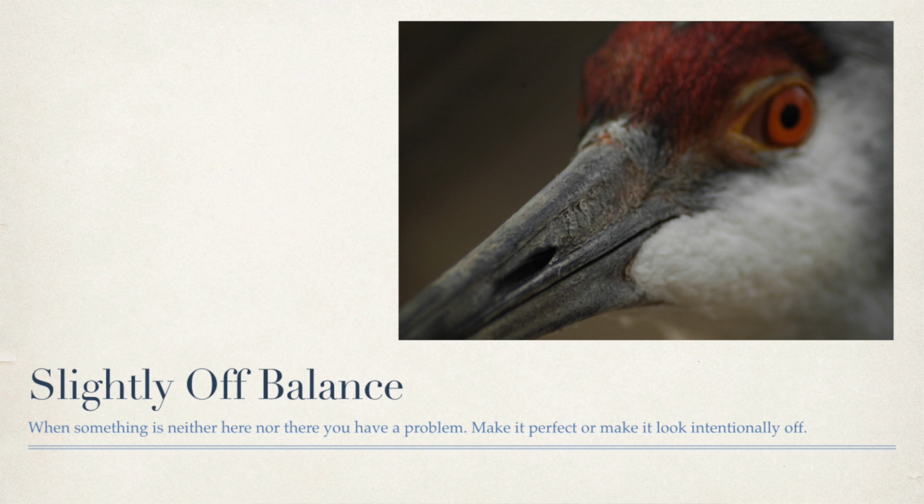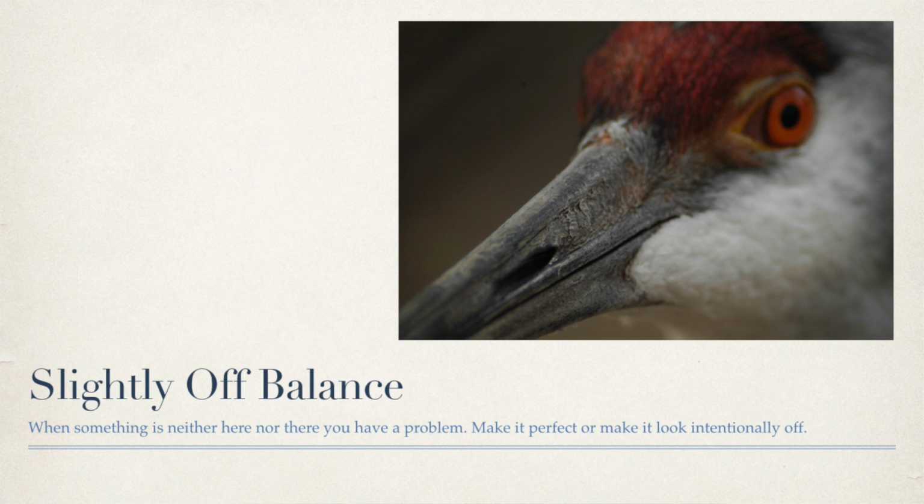Here's another example of slightly off balance. So balance really doesn't just apply to light and dark shapes. It applies to focus, and it applies to just about any other part of photography. So looking at this shot of the bird, what's the first thing that you went to? My guess is that you probably went to the eye, but then it was so painful to look at because it's out of focus that you go to the beak.